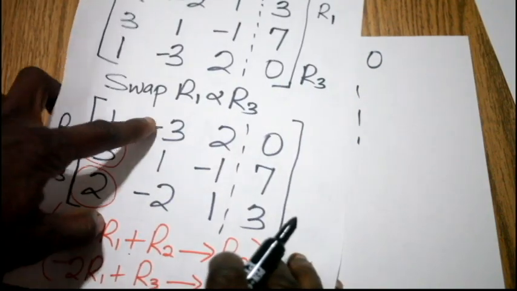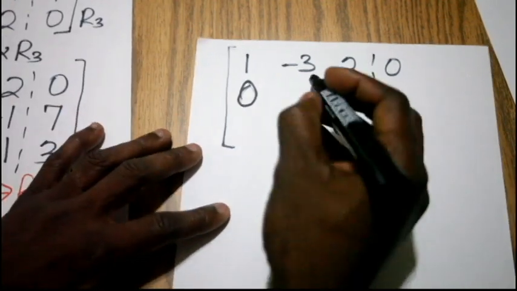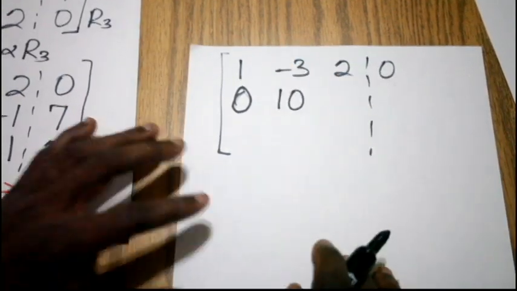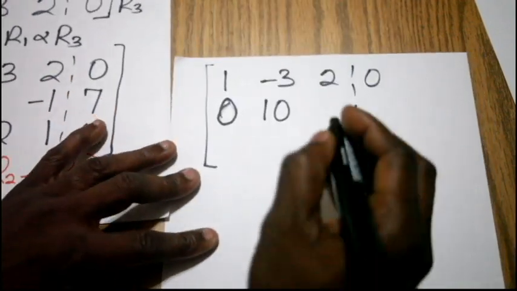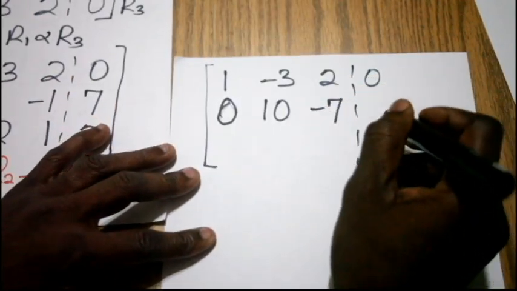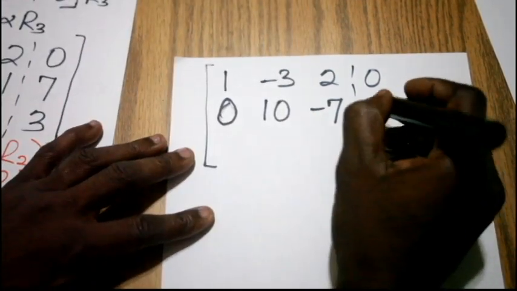Then -3 multiplied by -3, I have 9. 9 plus 1 is 10. -3 multiplied by 2 is -6. -6 minus 1 is -7. Then -3 multiplied by 0 is 0, plus 7 still remains 7.